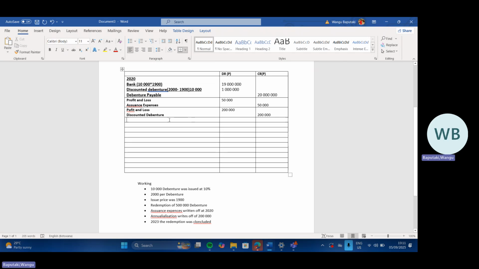Then I'm going to deal with the debenture interest. Our debenture payable is 20 million and our interest is 10%. So 20 million times 10% gives us 2 million of debenture interest.